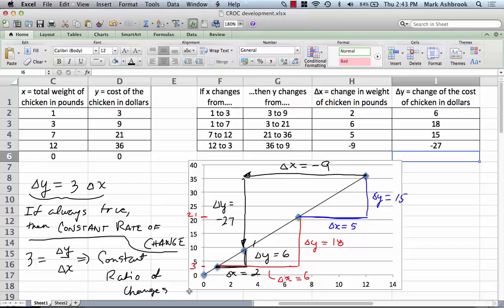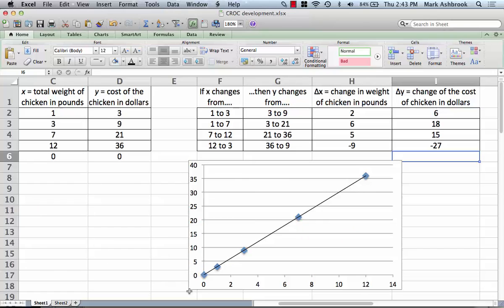Okay, and then there's one more way to look at this. What if I increase by 4? Okay, so here I am at 1. I'm going to increase from 1. Delta x is 4. What's delta y? 12.